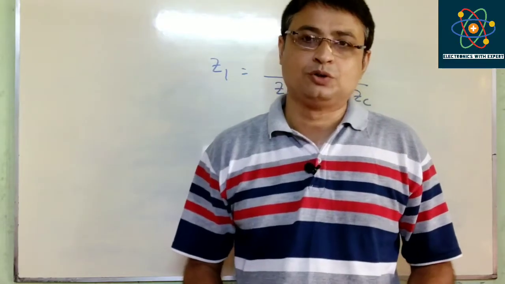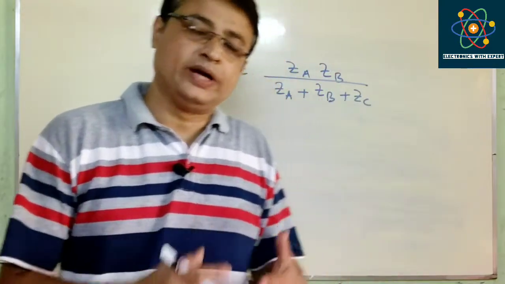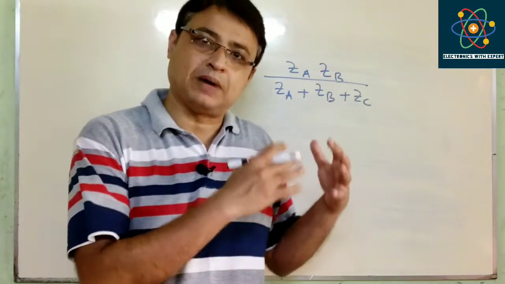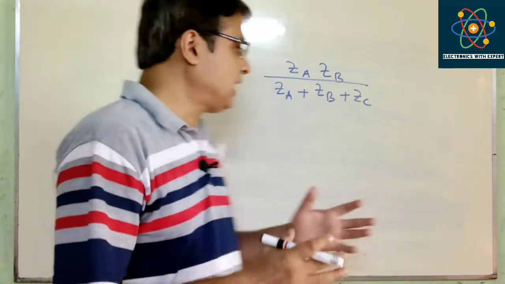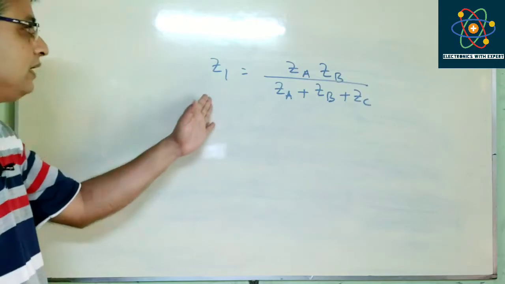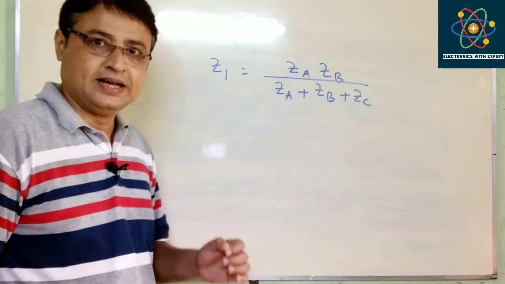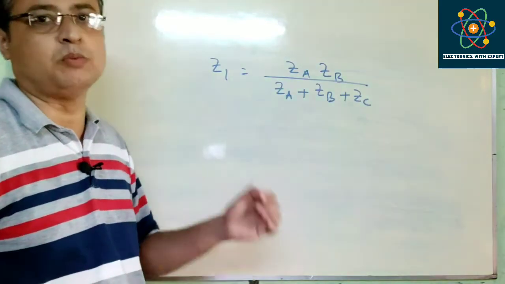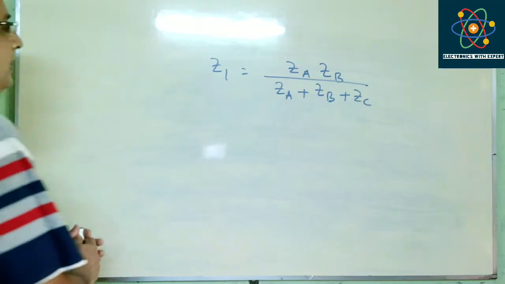Now let's move on to the last part of the video. We are going to show you that the pi network and the T network are dual. So I have considered the value of Z1, that is ZA ZB by ZA plus ZB plus ZC. Now taking the admittance form of this impedance, admittance means the inverse of the impedance.